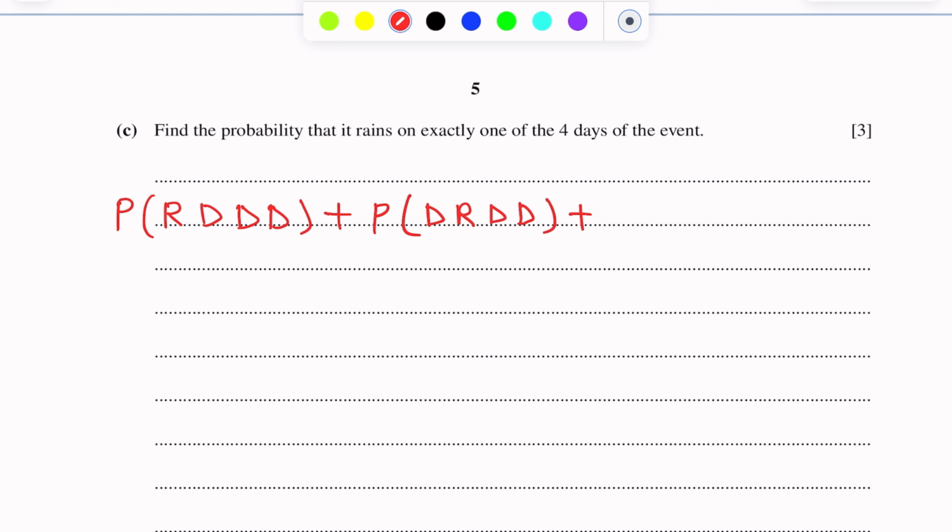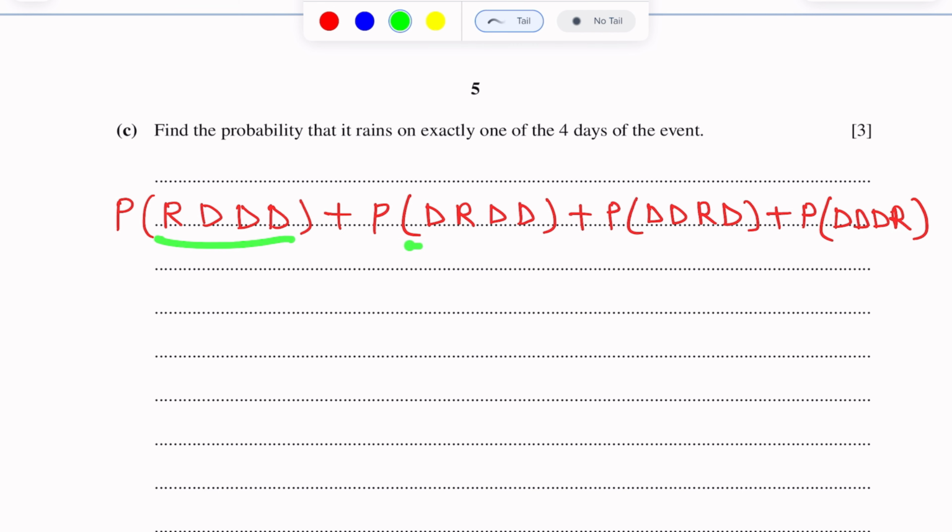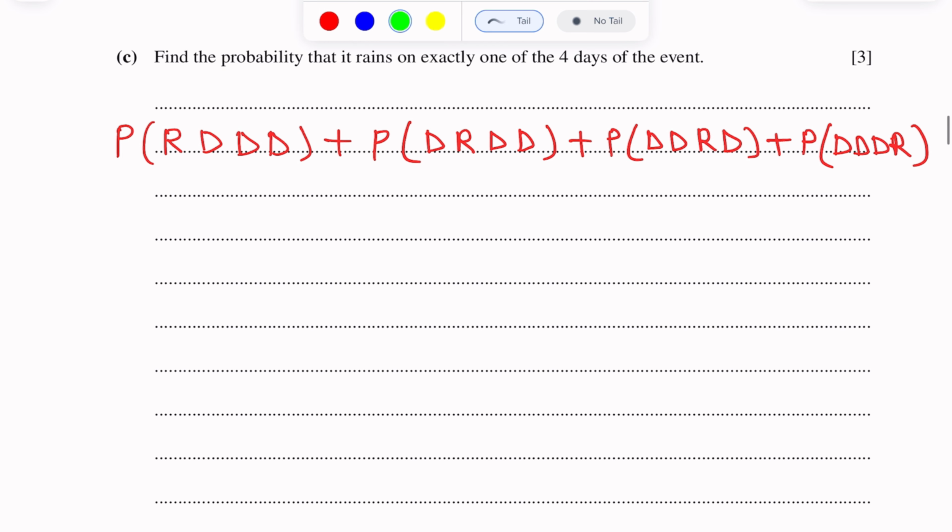Third option is dry, dry, raining and dry. Next option is the probability of dry, dry, dry and raining. Now we will find these probabilities. There are four options. Now we will write here the probabilities against each of these.